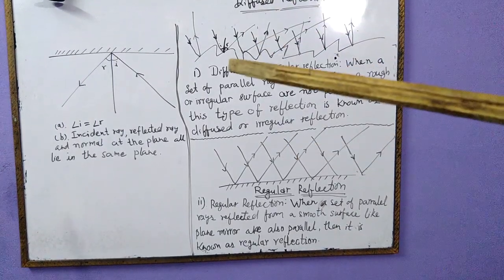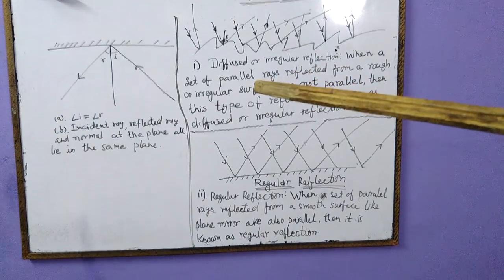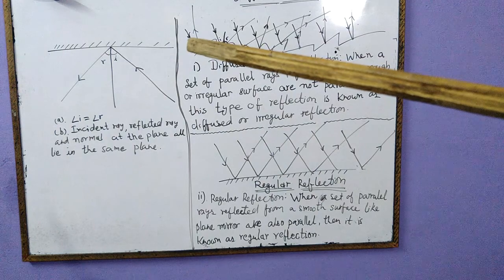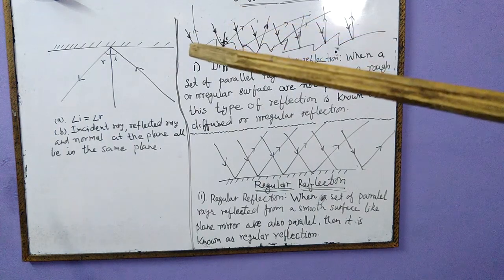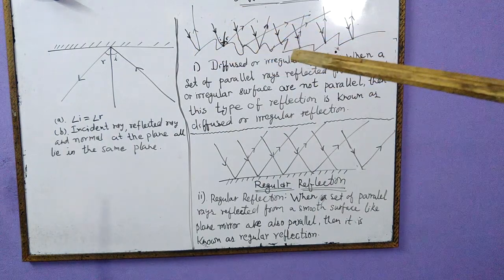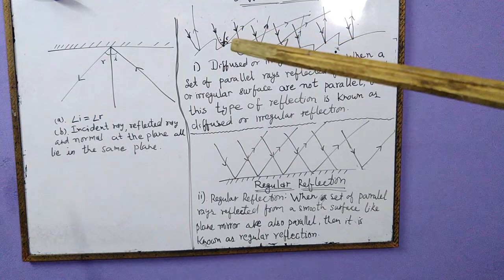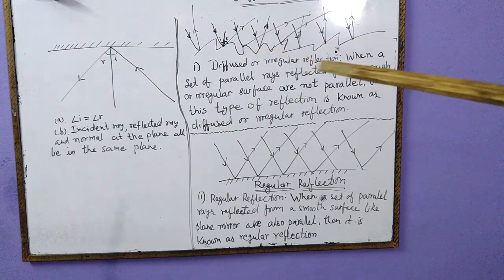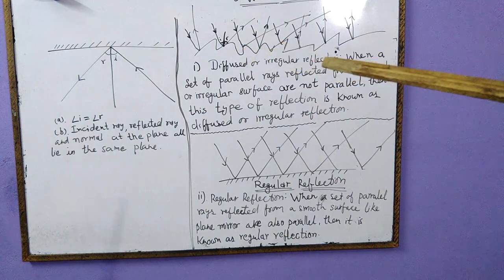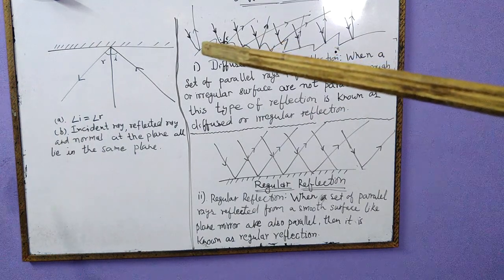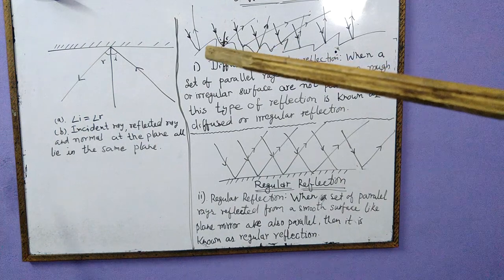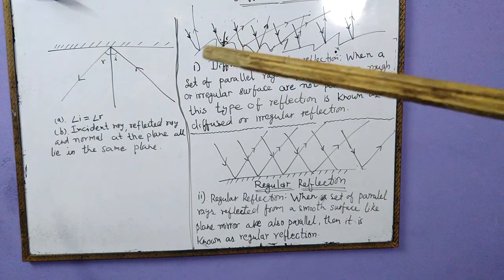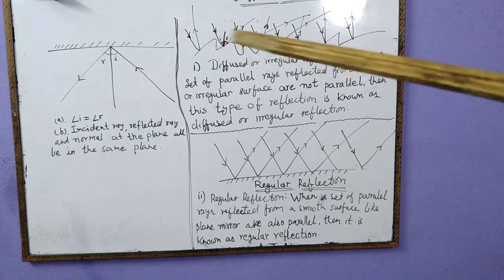So diffuse reflection is, students, when a set of parallel lights, you see 1 2 3 4 5 6 7 8, these are the 8 rays of light falling on an irregular surface. This is an irregular surface, and when it reflects, this parallel light will not give parallel reflected rays.